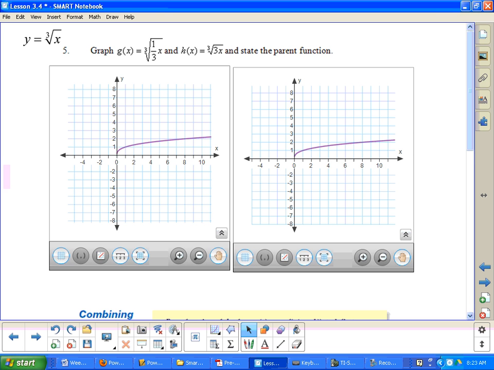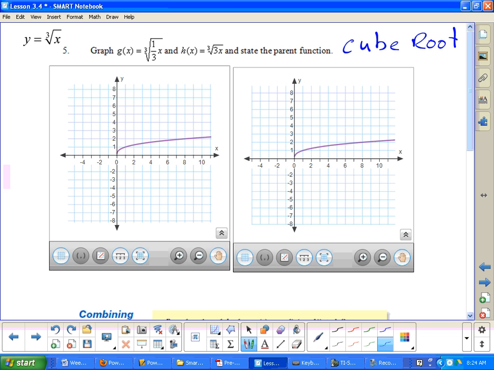Well, I've put the parent function on here. The parent function is cube root, because it's a radical and there's a 3 there. So it's cube root. And so here's what the graph of that looks like.